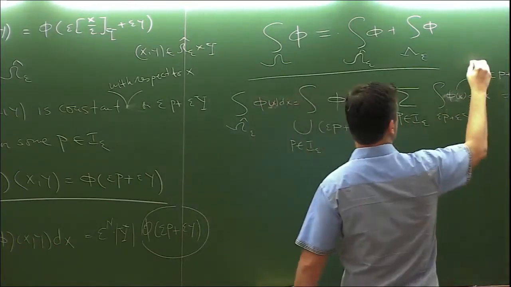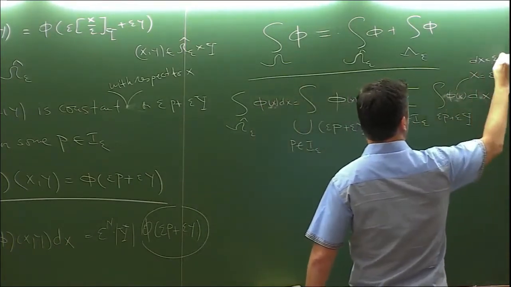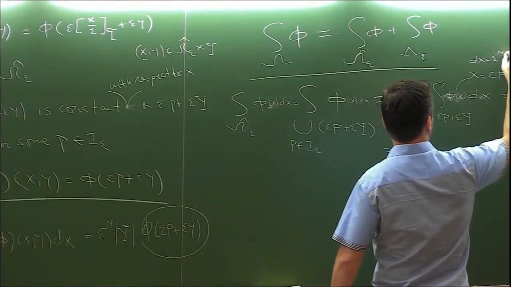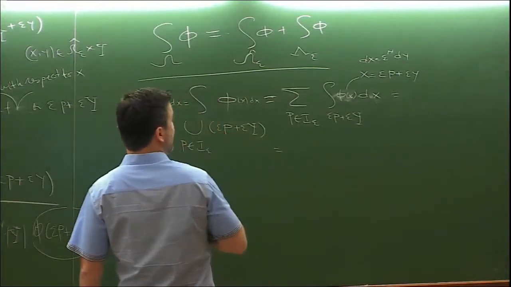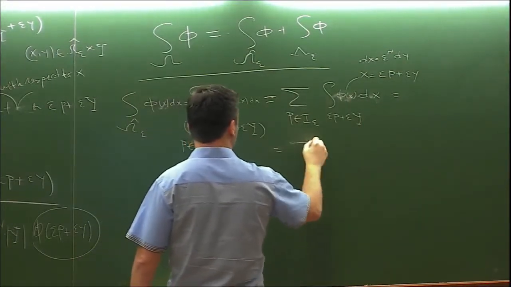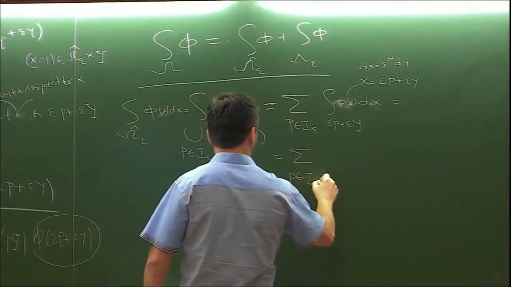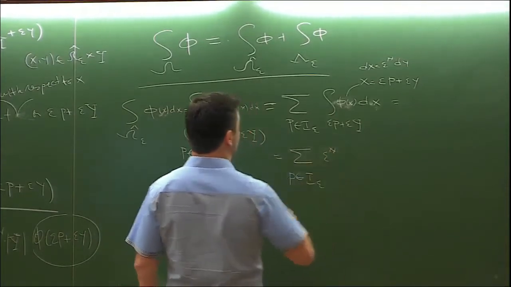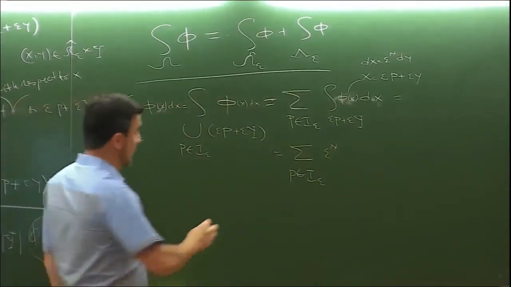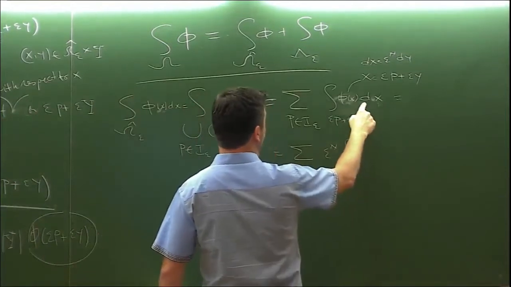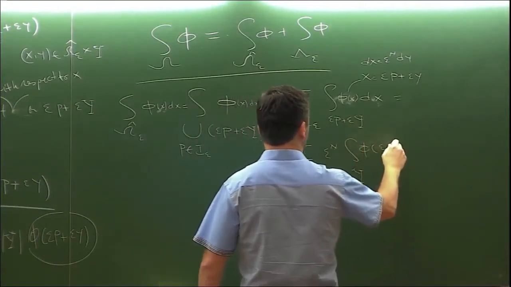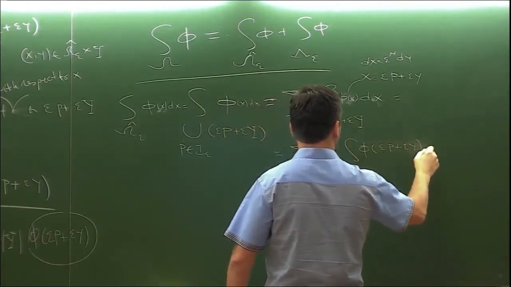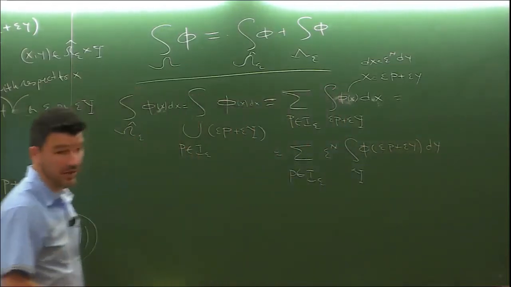Then dx will be epsilon to the n dy, okay? And so I have epsilon to the n, integral on y belongs to Y, phi of epsilon p plus epsilon y dy, okay?